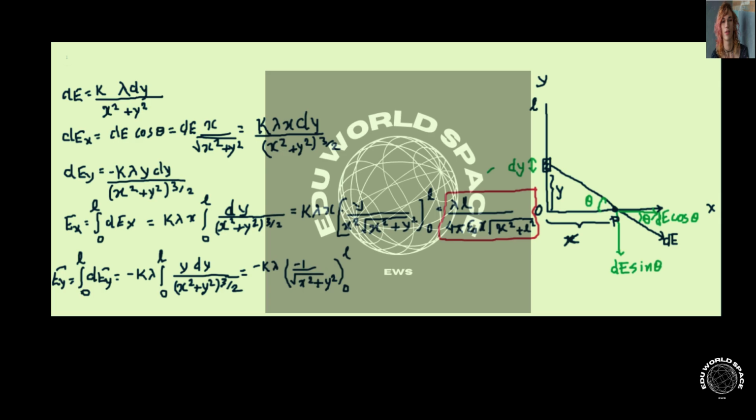So the next thing you can do is plug in the values of L and 0. This makes it lambda upon 4 pi epsilon naught, right?